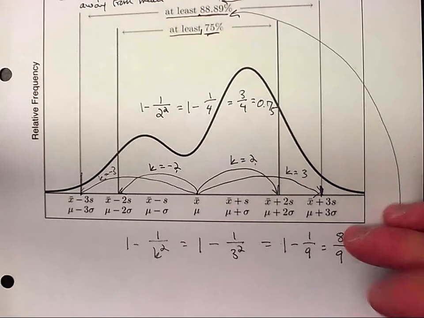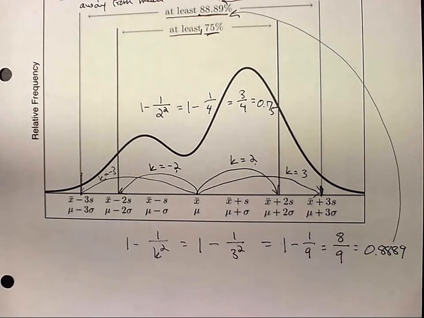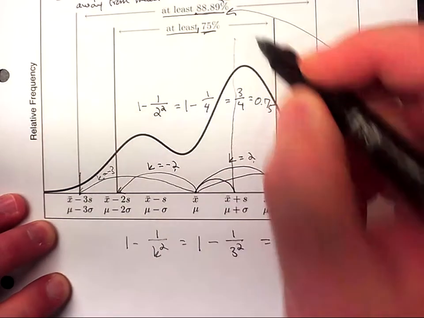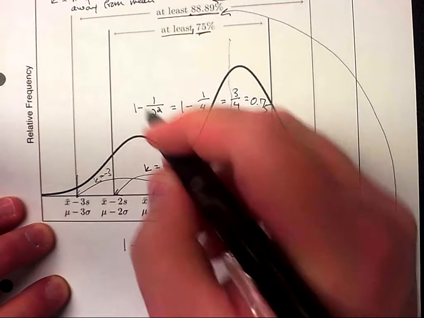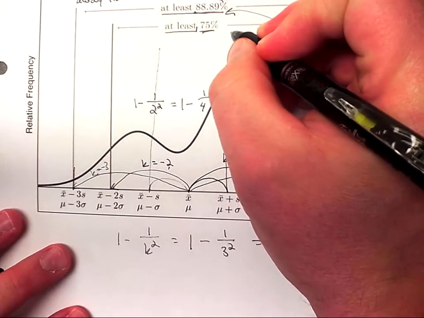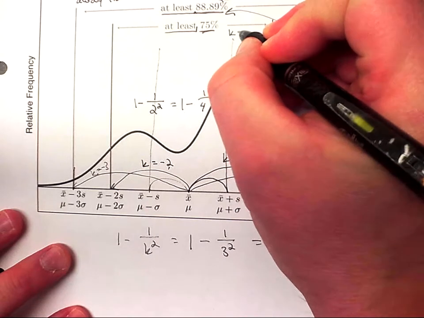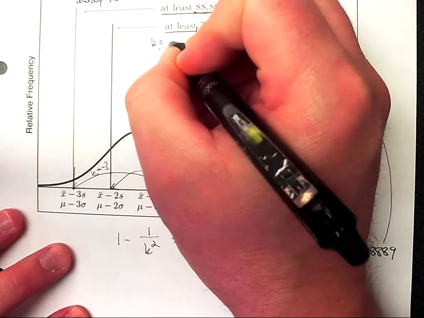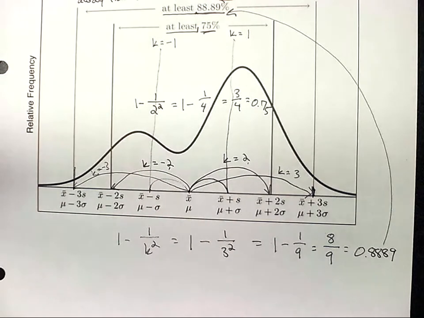So why is that so important? Why am I pointing that out? Well, let's do this. If you go one standard deviation above the mean here, and you go one standard deviation below the mean here, what is the k value going to be for this upper cutoff? And what's the k value going to be for this lower end cutoff? -1.